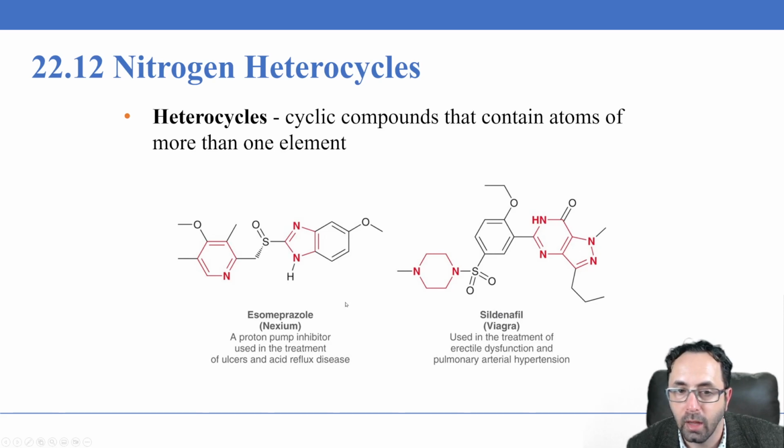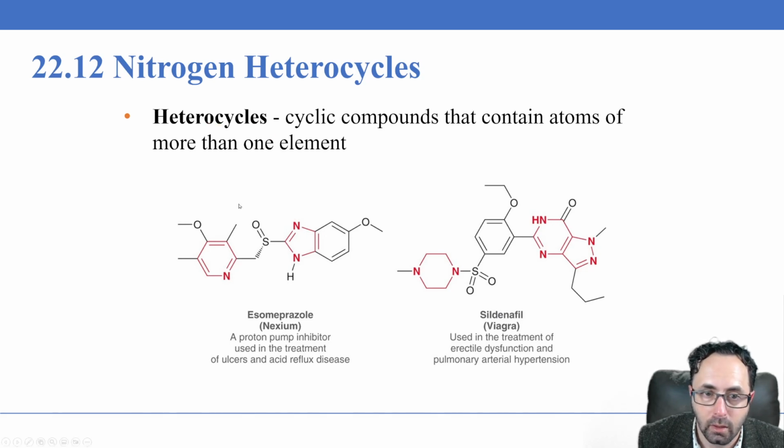There are also nitrogen atoms in heterocycles, meaning rings that have atoms that are not carbons. That is what is meant by heterocycles, cyclic compounds that contain atoms of more than one element, not just carbon. And these are extremely common, not only in pharmaceutical drugs like Nexium for acid reflux and Viagra for erectile dysfunction, but also in standard biological molecules like the base pairs in DNA.